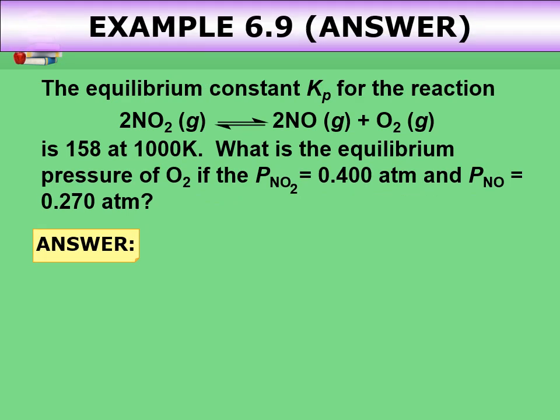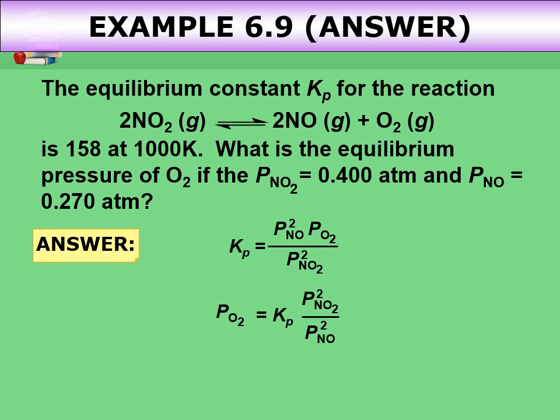Firstly, we need to write the Kp expression for the balance equation. So Kp equals the partial pressure of NO to the power of 2 times partial pressure of O2 divided by the partial pressure of NO2 to the power of 2. We want to find the partial pressure of O2.